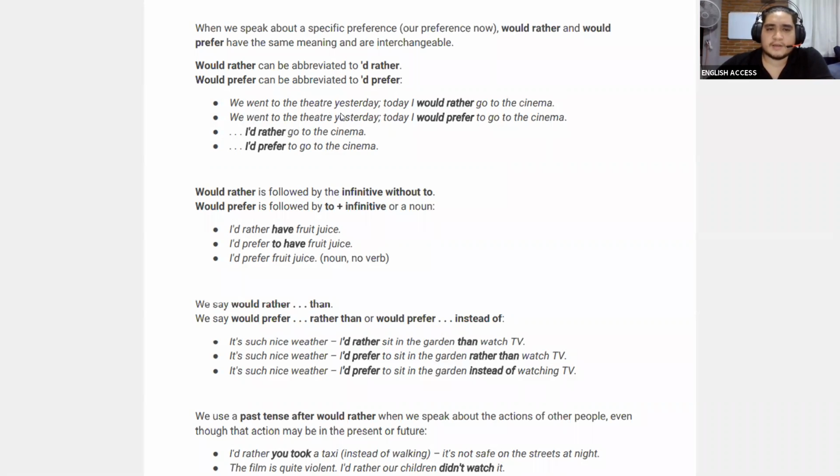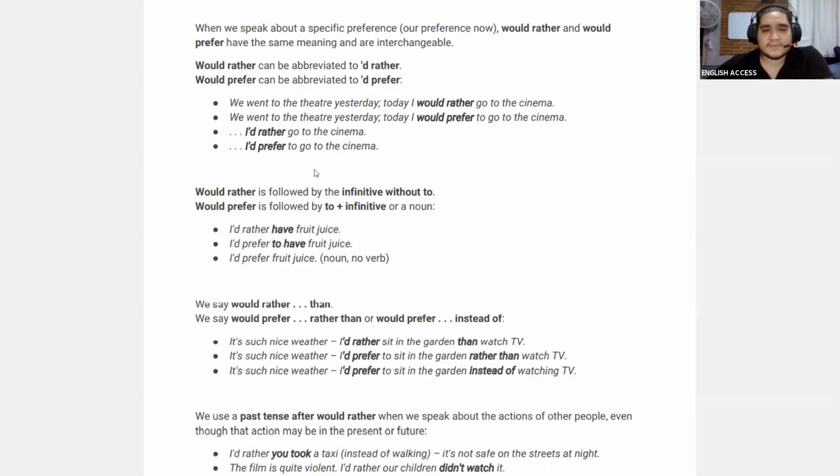Now, these two, you can, what's the word? Contractions. They are contractions: I'd rather go to the cinema, and I'd prefer to go to the cinema. All right.